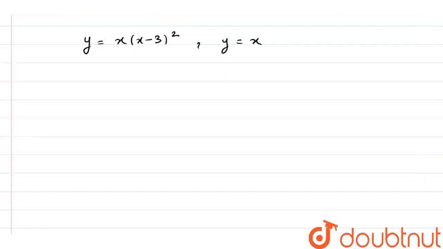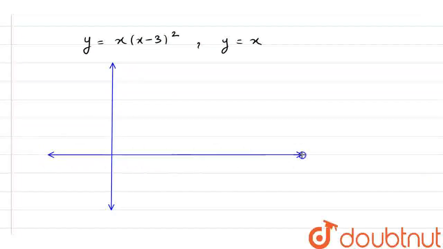Now if I draw this curve on my axis, then we'll get a good way to solve this question. First of all, if I put x equals 0, the value of y will also be 0. Now if I put x equals 3, the value of y is again 0. If we take a value more than 3, suppose 4, you will see an increase in the value of y, and it goes like this.